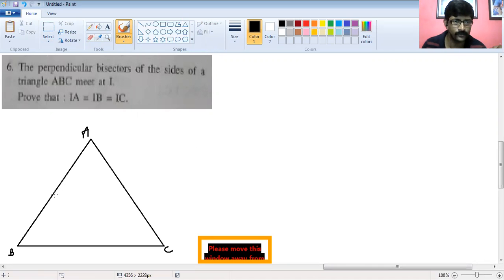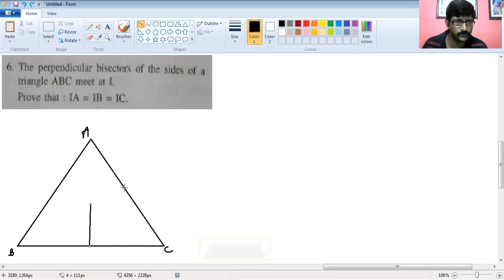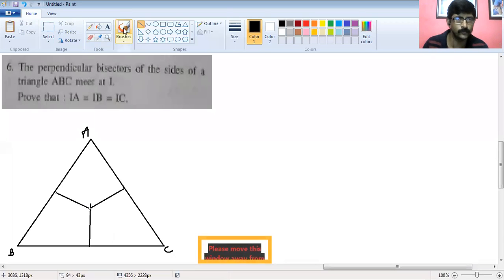If I draw the perpendicular bisector of this side, this side and this side, they do not look perpendicular, so I'll just choose a line from here. Suppose this is a perpendicular bisector, and this is a perpendicular bisector, and this is a perpendicular bisector. They are intersecting at point I.